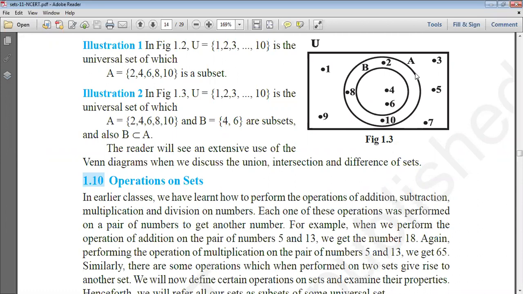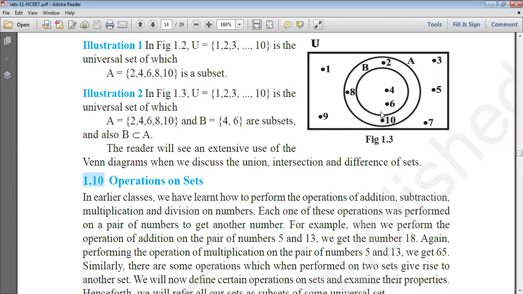These elements are lying outside A, but definitely these elements will be lying somewhere in some particular set. That set is not defined here, but lying outside the considered sets A and B means definitely they will be lying in the universal set.